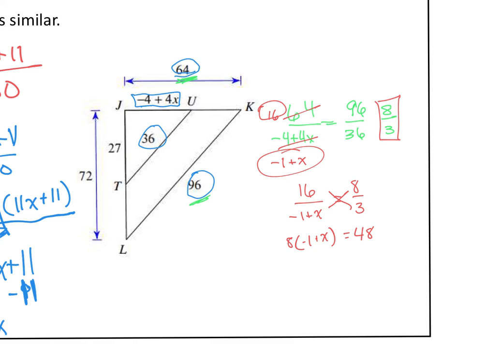We can still divide by 8 right now and avoid the whole distributing completely, but let's go ahead and distribute so we can see how to do it. 8 times -1 is -8, plus 8 times x is 8x, equals 48. So now we can add 8. That's going to give us 8x equals 56. Divide by 8. X equals 7.